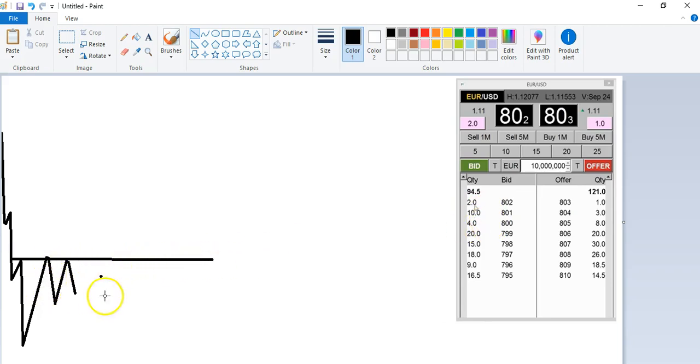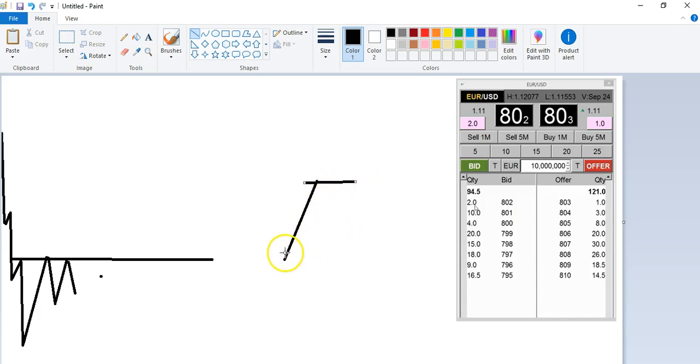You're just going to see a strong move up, and then after another 4, 5, or 10 seconds, you're going to see traders maybe bidding and asking at that price after the move.